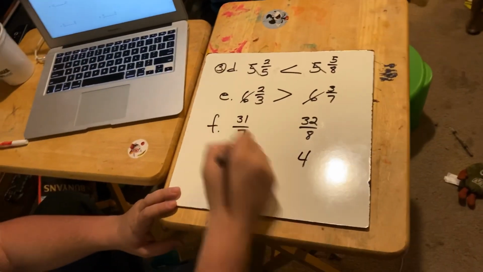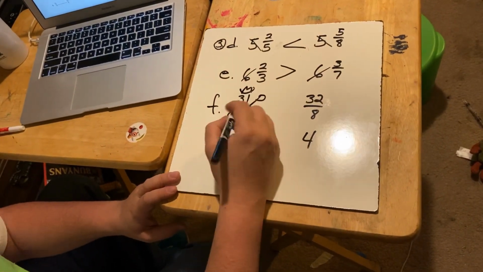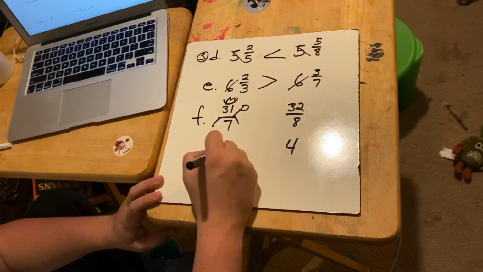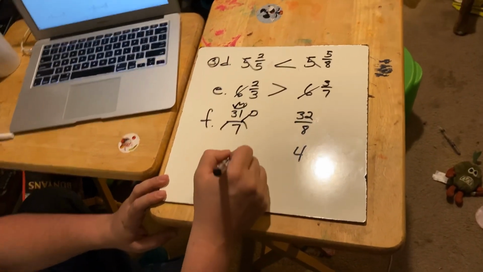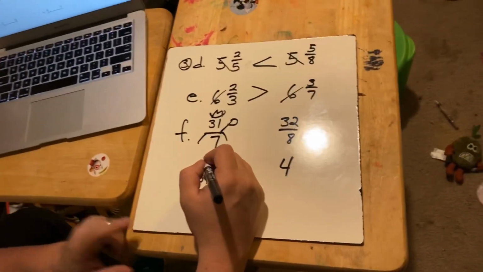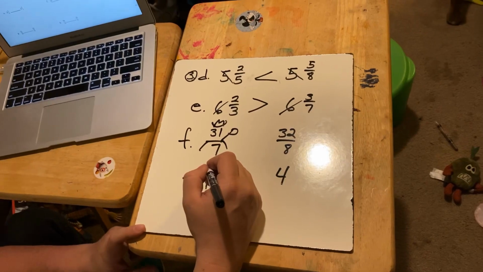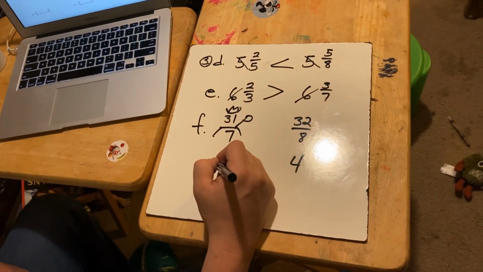And then we can kind of go back over to this side. We can do the cowboy method. And we've got 31 divided by 7. And I know that 7 can't go into 3, but it goes into 31. 7 times 1 is 7. 7 times 2 is 14. 7 times 3 is 21. 7 times 4 is 28. 7 times 5 is 35.